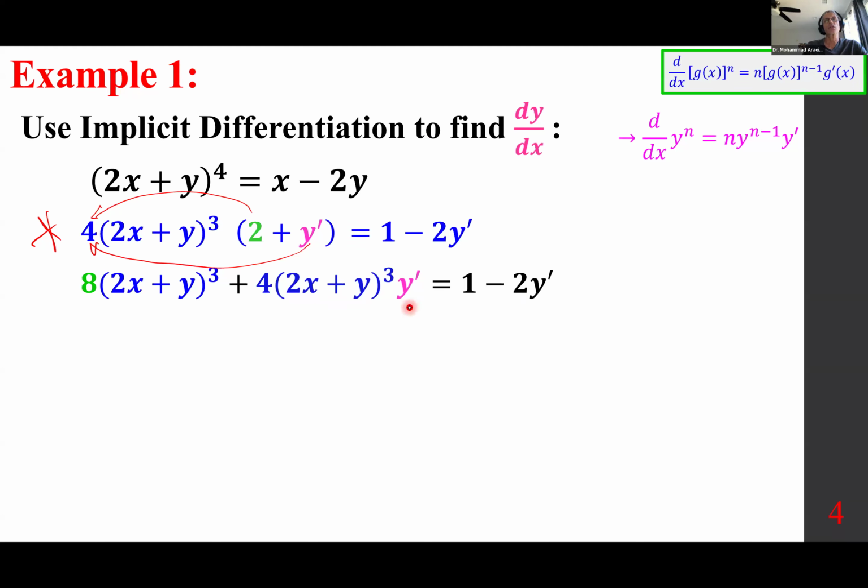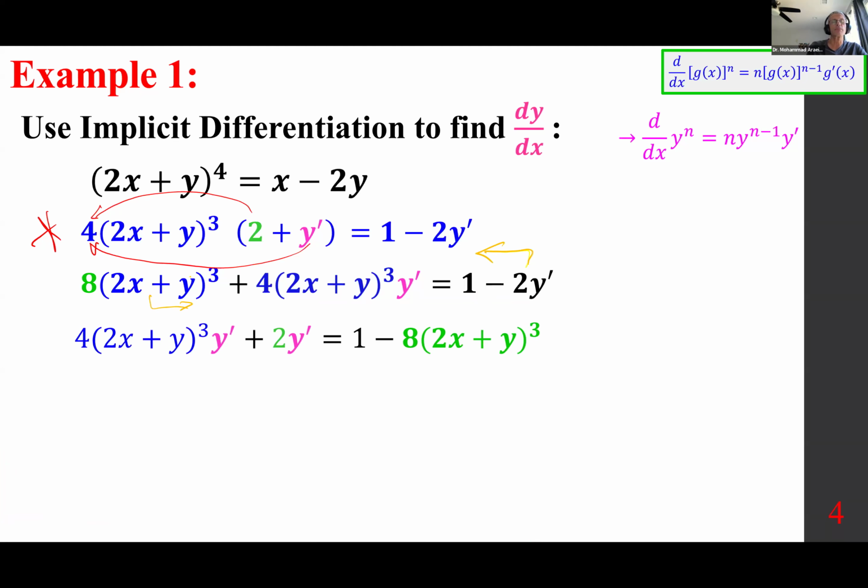And the right side doesn't change. Remember, we are solving for y prime. Therefore, we're going to move things around. This one moves this way, becomes positive because it involves y prime, becomes plus 2y prime. And this one that doesn't have anything to do with y prime moves to the right, becomes negative.